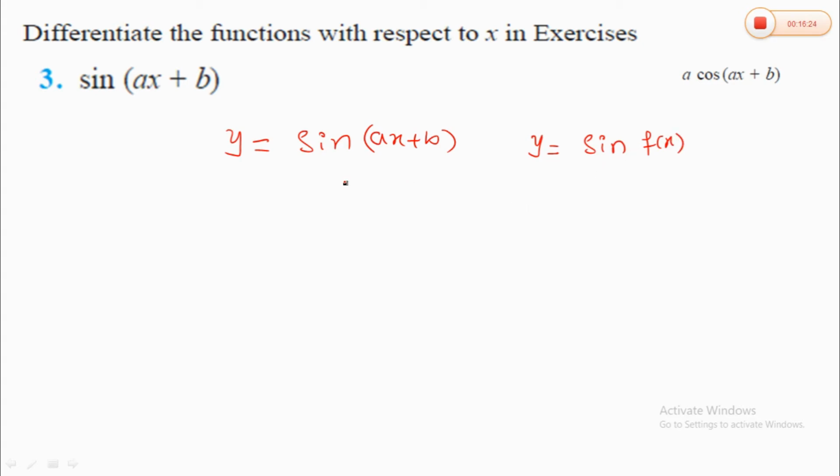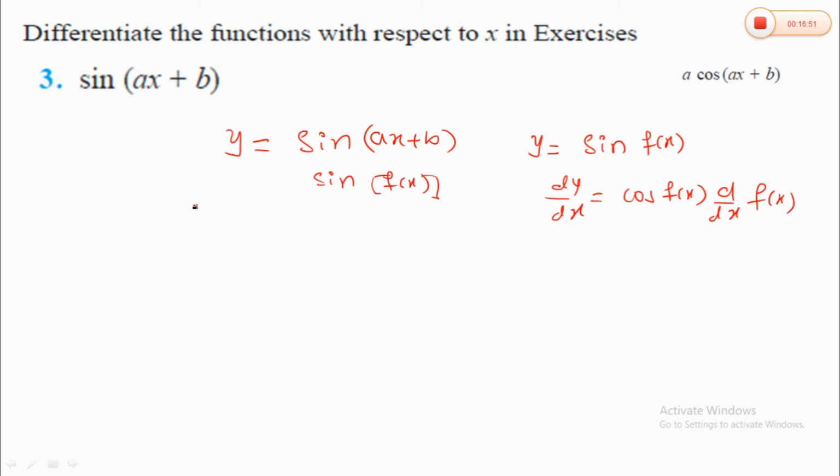So this is sine, this one is f(x). So f(x) is equal to ax plus b. So again the derivative of sine is cos f(x) times d/dx of f(x). So therefore dy/dx is equal to cos f(x) times d/dx of f(x).